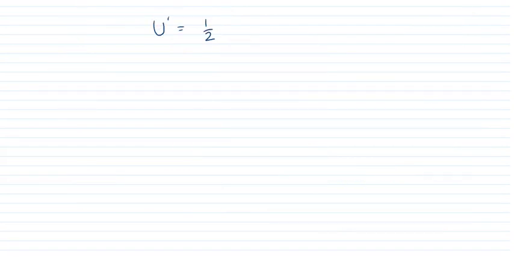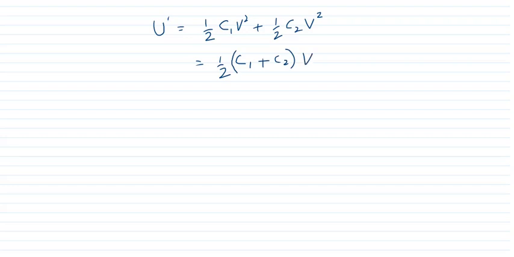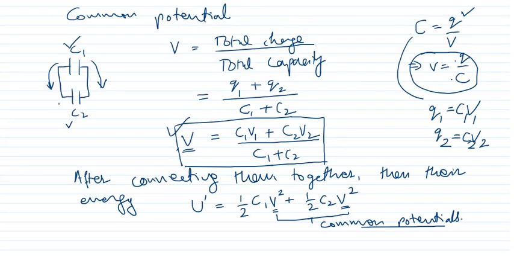I will repeat this expression: 1 by 2 C1 V square plus 1 by 2 C2 V square. 1 by 2 is also common, so it is 1 by 2 C1 plus C2 times V square. Now we will put the value of V here. What is the value of V?